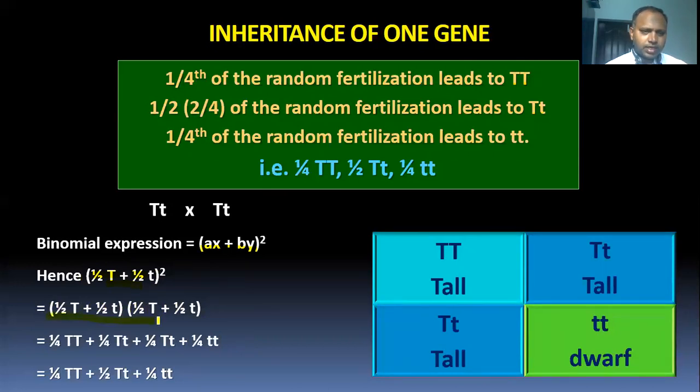If you expand, you can write 1/4 caps T caps T plus 1/4 caps T small t plus 1/4 caps T small t plus 1/4 small t small t. So the genotypic ratio we are getting is 1:2:1, right?